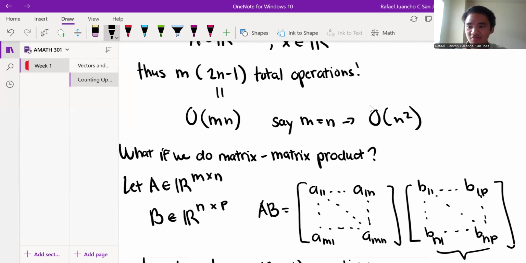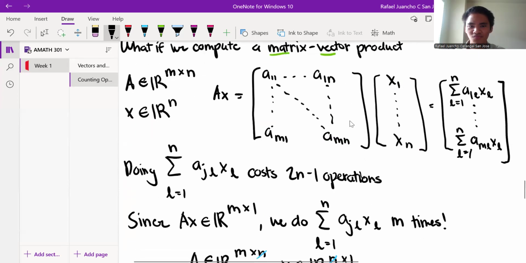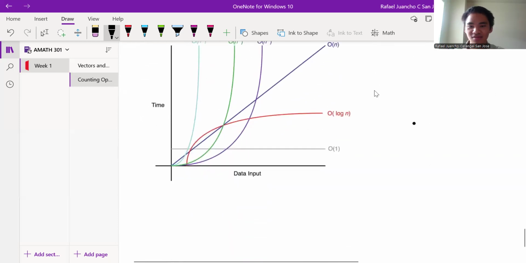So we're trying to make it as general as possible, assuming they have the same number of rows and columns. If it has a different number of columns, say m is greater than n, then it's probably worse than O of n squared. But this is a good estimate of how fast our program is going to run.